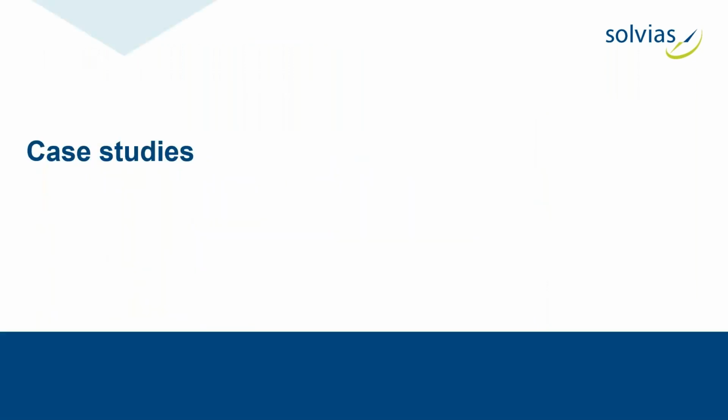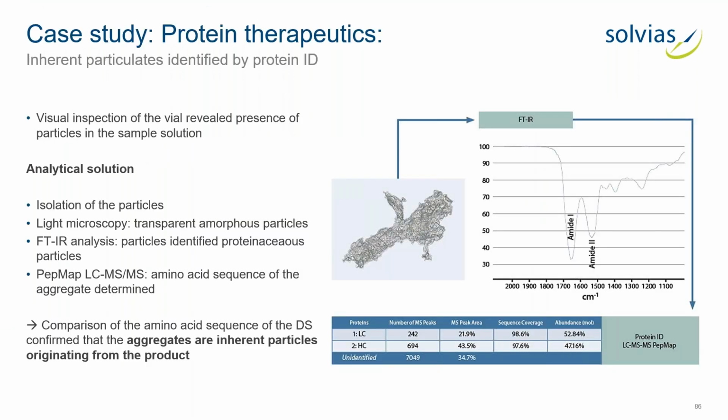With this, we come to the case studies. Our first case study is a parenteral protein therapeutic. What was observed was visible particles in solution. These particles were then isolated, and as you can see, it looks amorphous, it looks quite transparent.